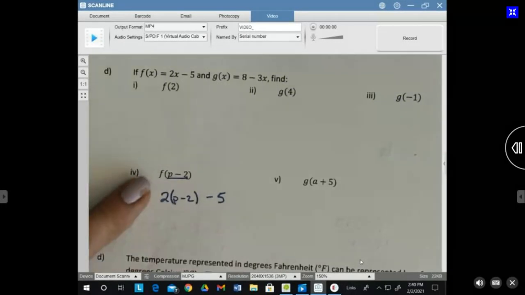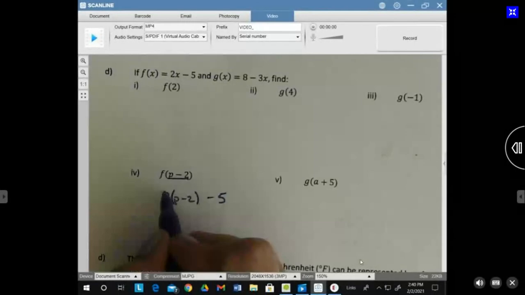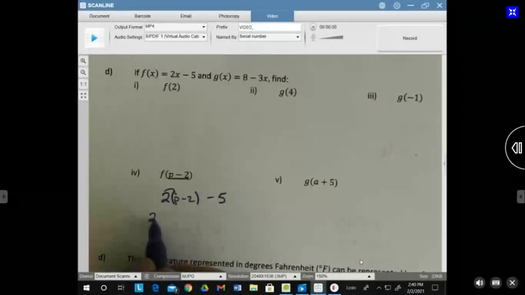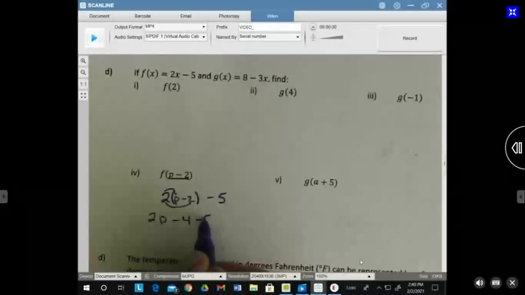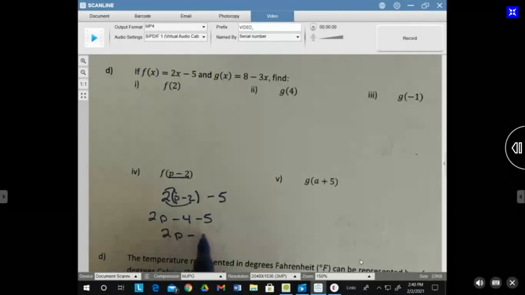All right. Now you know what to do with that. What do you do when there's a number next to a parentheses? Multiply. What do we call that? Distribute. So I have 2p minus 4 minus 5. Anything I can clean up there? Minus 4 minus 5. Good. So 2p minus 9.